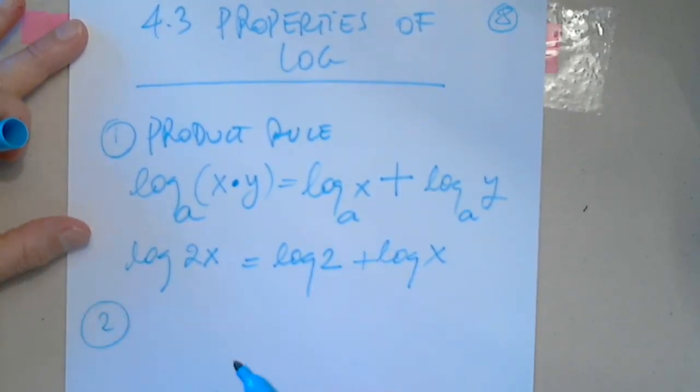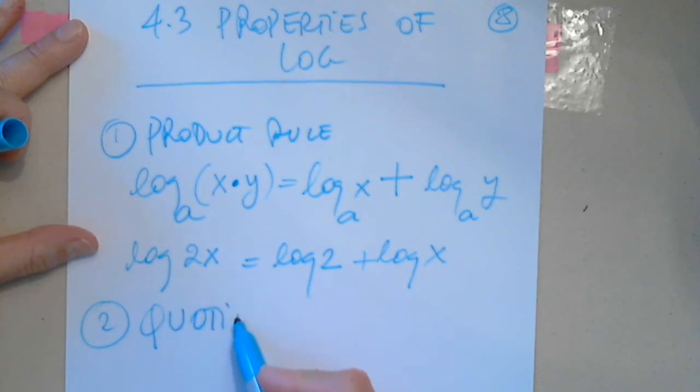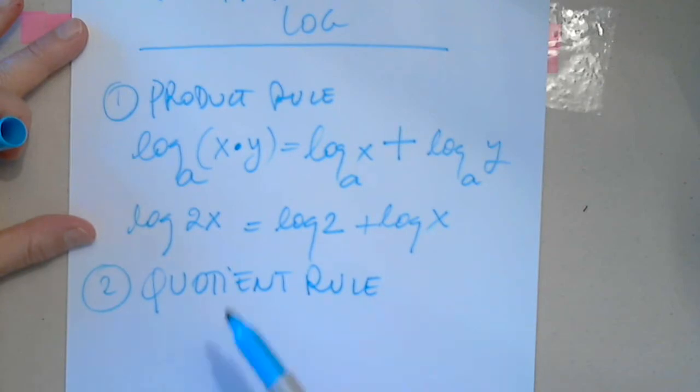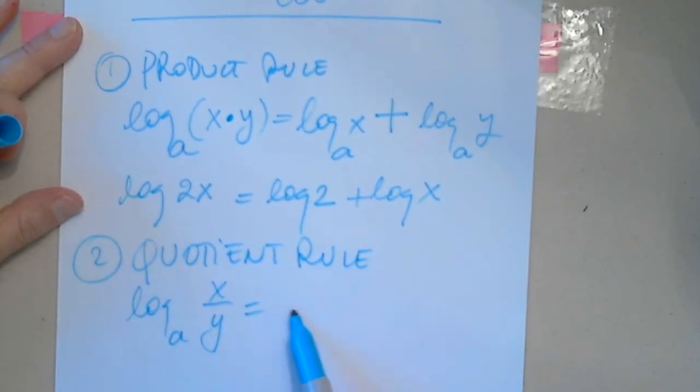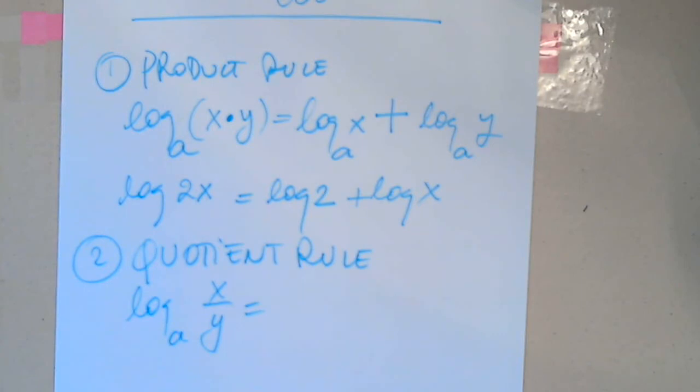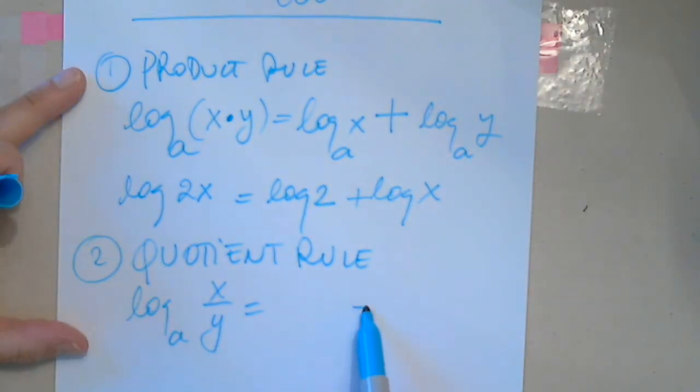Similarly, the quotient rule. Now, instead of a product, I have a ratio. Log base A of x over y. Do we have a wild guess what could happen here? Log of x minus log of y.